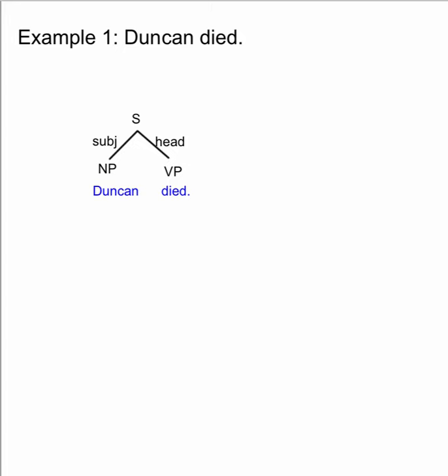Let's look at the first example sentence. Duncan died. The sentence consists of a proper noun that acts as the subject and a verb, an intransitive verb, died, that acts as the head of the sentence.